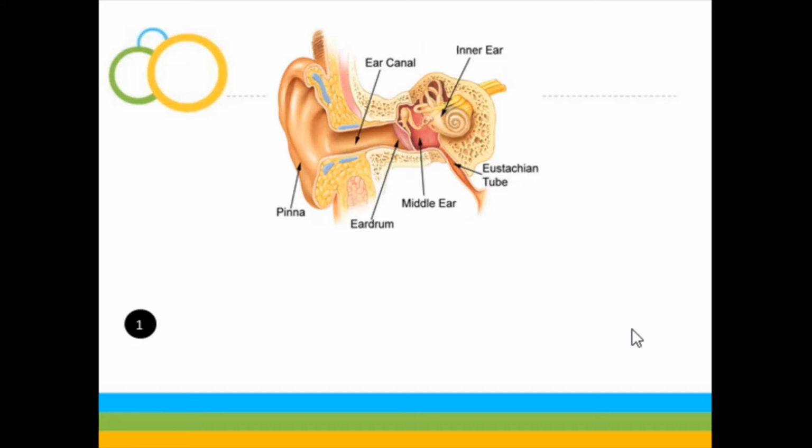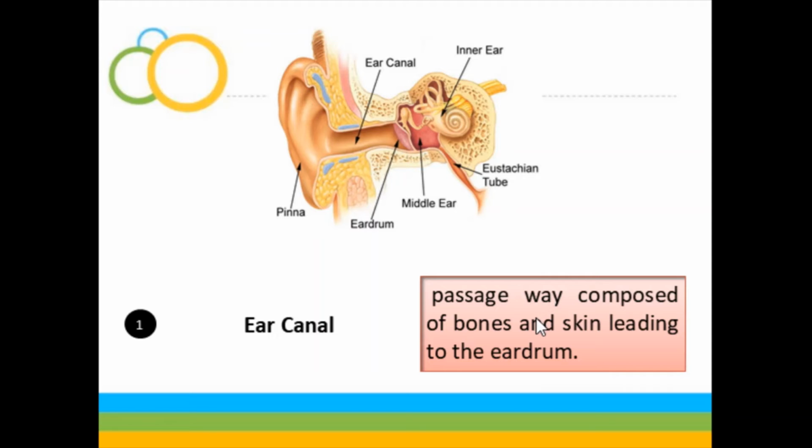First, we have what we call the ear canal. Ear canal is the passageway of the sound waves going to the eardrum. It's a passageway composed of bones and skin leading to the eardrum.